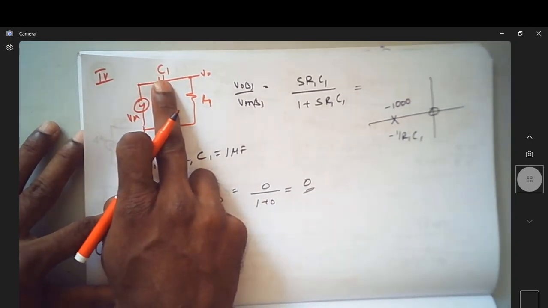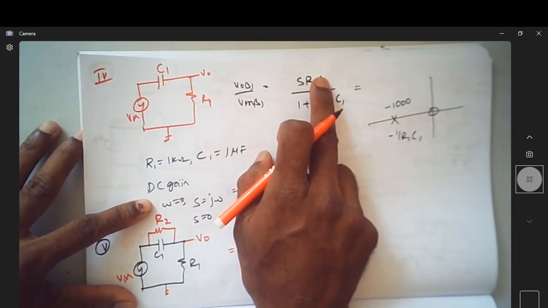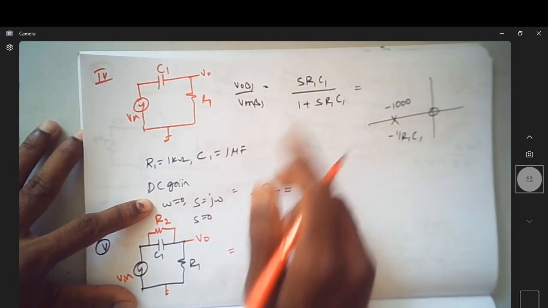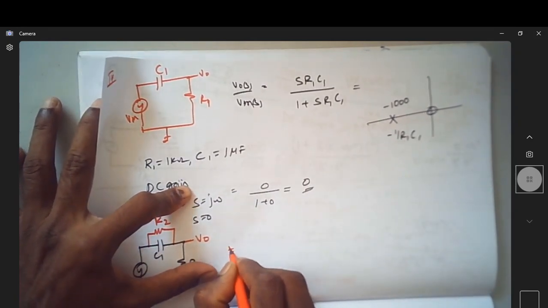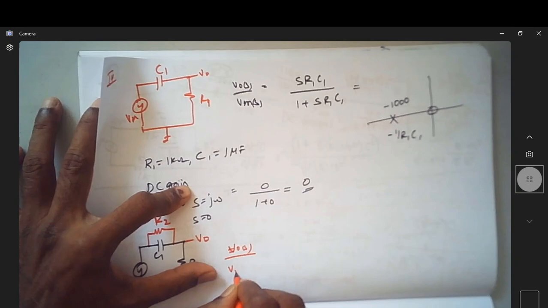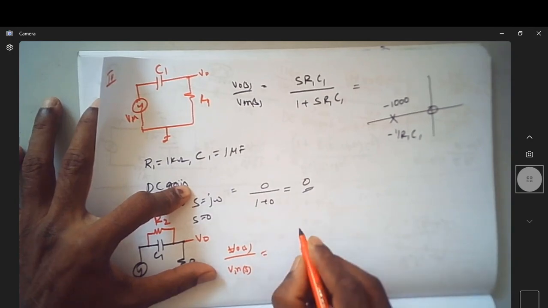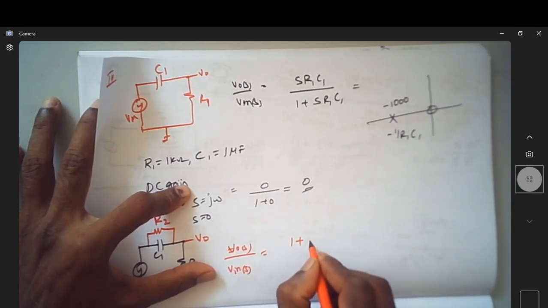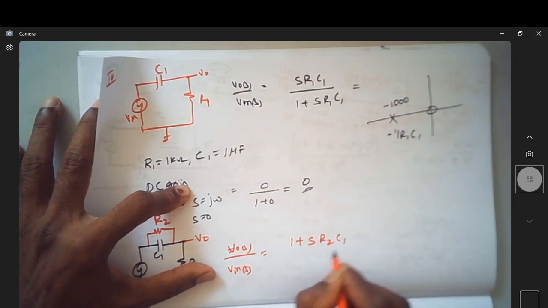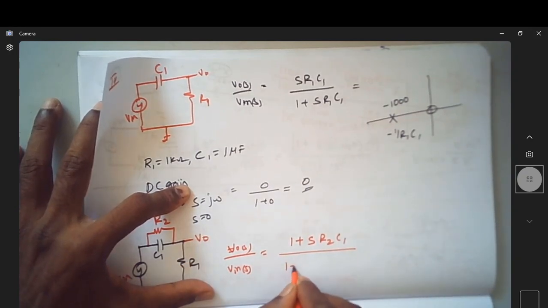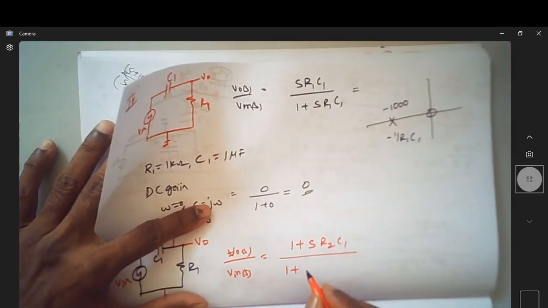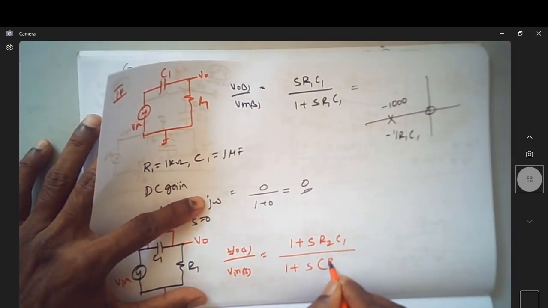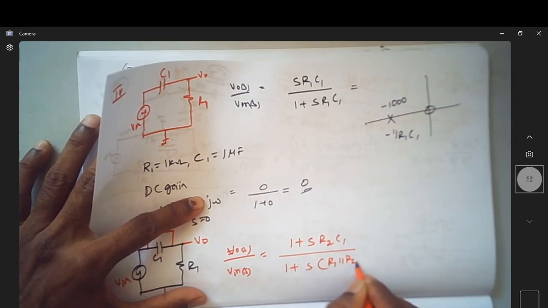Now the transfer function. The 0 was there at origin, but the moment I put this resistor, the transfer function V0 of S by V in of S happens to be 1 plus S R2 C1 by 1 plus S into R1 parallel R2.